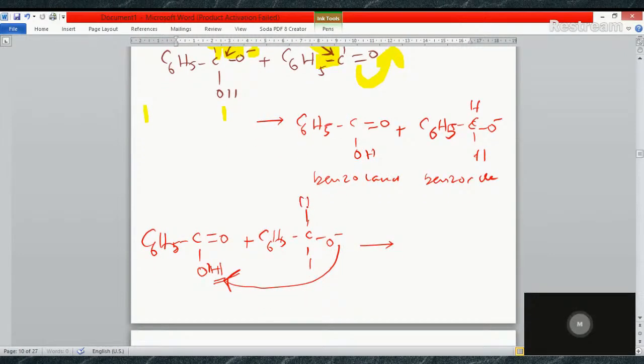This is the result. You can have C6H5C double bond O minus, and the other one is C6H5CH2OH. This is an alcohol. The name of the alcohol is benzyl alcohol, and the other is the sodium salt of benzoic acid, so we can call it sodium benzoate. So in this way the products are formed in the Cannizzaro reaction, and it can be explained.